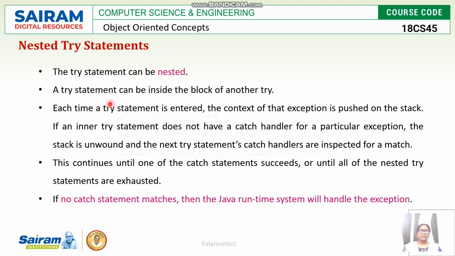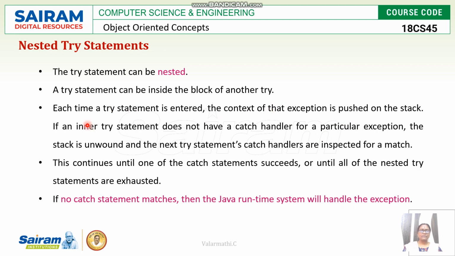A nested try statement is when you write one try block inside another try statement. Whenever you enter a try statement, the context of the exception is pushed on the stack.